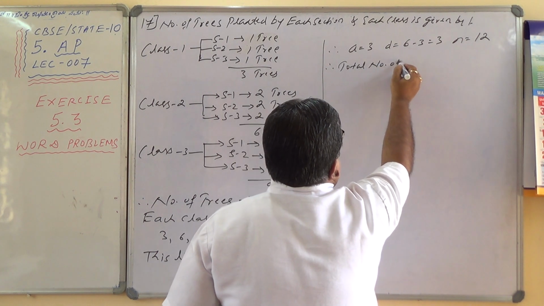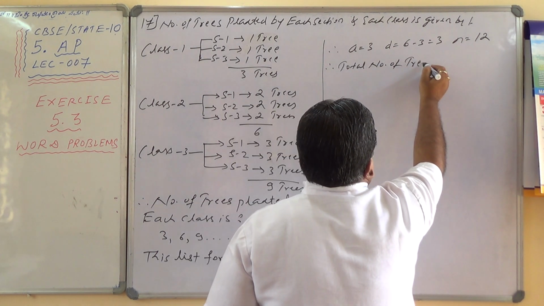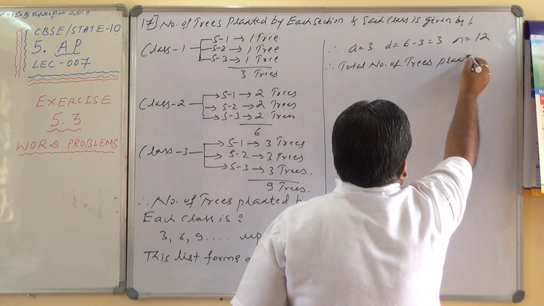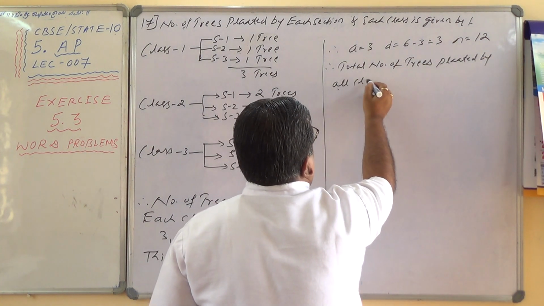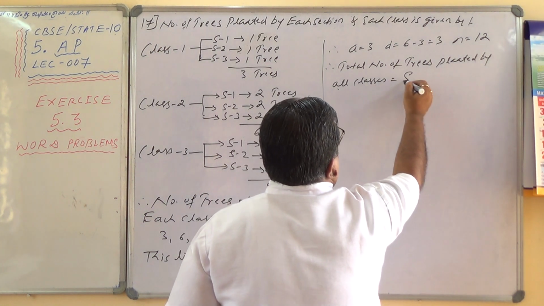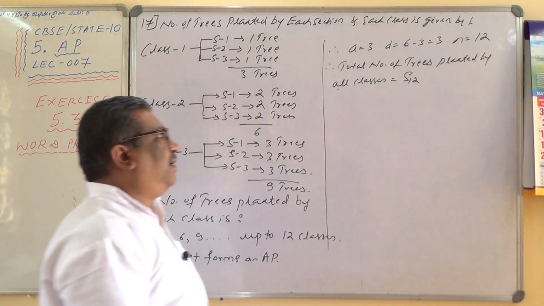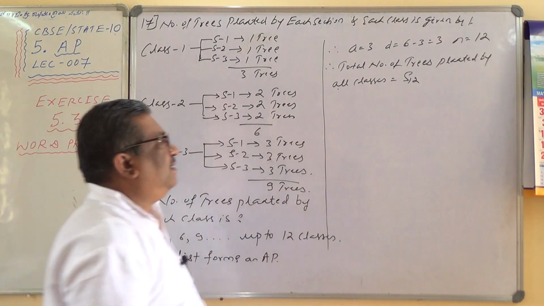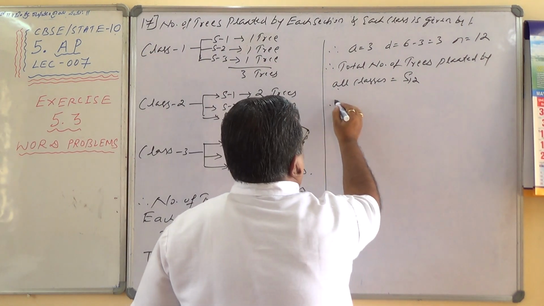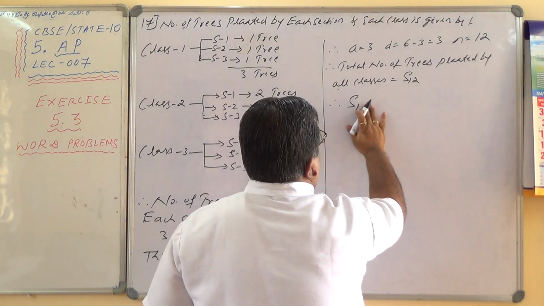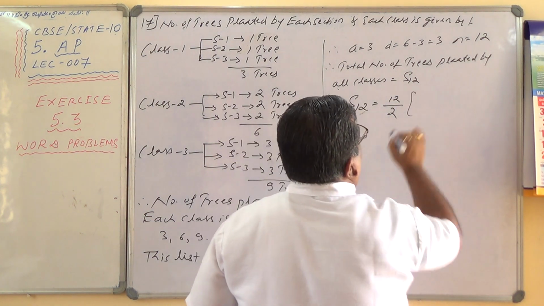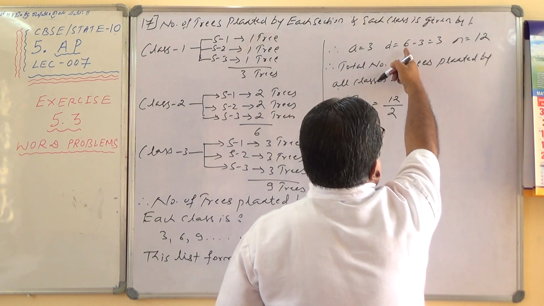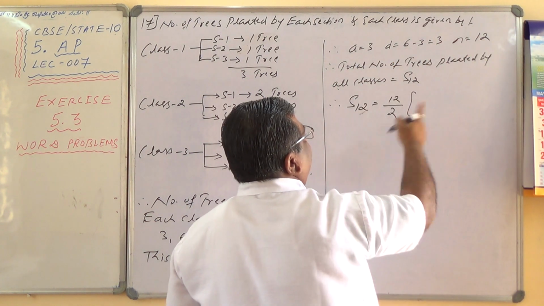Therefore, the total number of trees planted by all classes equals the sum of trees planted by each class, that is S12, isn't it? And we know already the formula. I will not write that directly. S12 equals 12 by 2 into bracket 2 times A, which is 3, plus N minus 1, that is 12 minus 1, times common difference 3. We know A, we know D, N also we know. So everything is known to us.